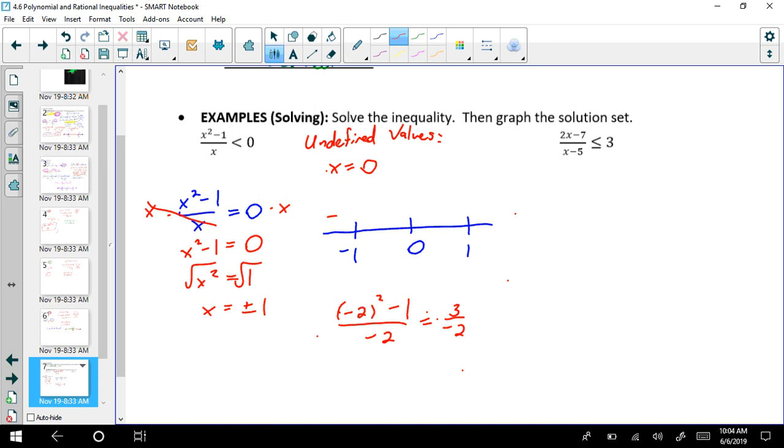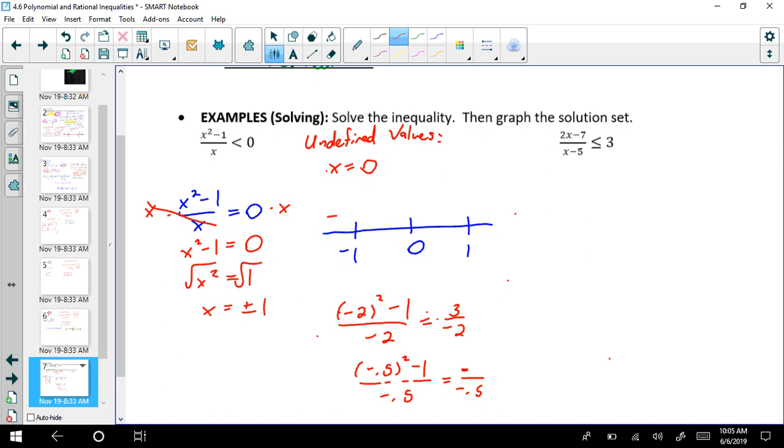Now let's pick something in between -1 and 0. I'd pick like -0.5. So the bottom I know is negative. And the top, if you simplified that in the calculator, it also comes out negative. I don't know what the number is off the top of my head.